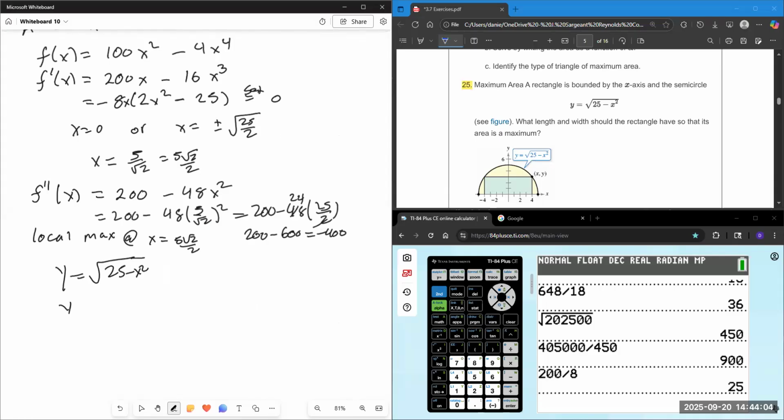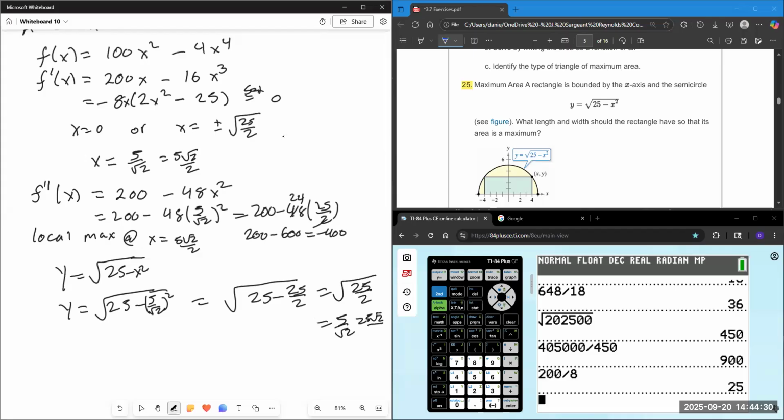So y is root 25 minus 5 over root 2 squared, which is root 25 minus 25 over 2, which is root 25 over 2, which is 5 over root 2, which is 5 root 2 over 2.